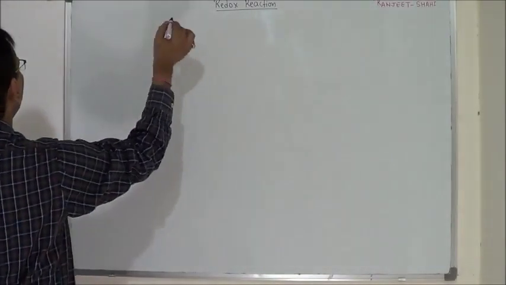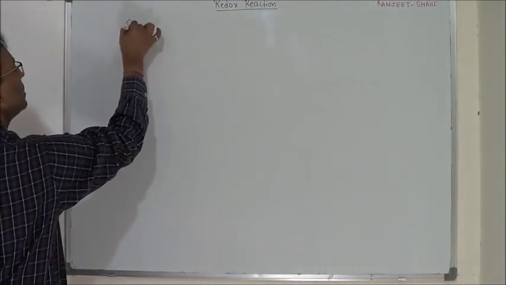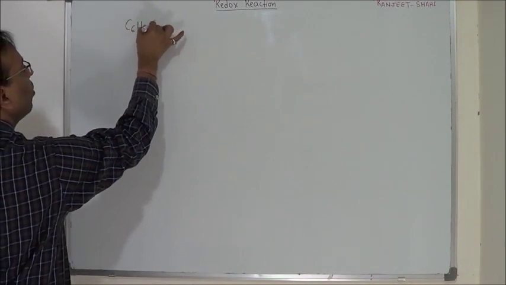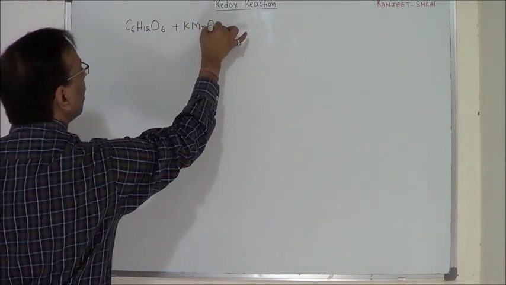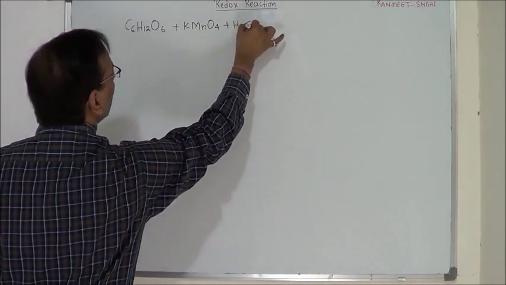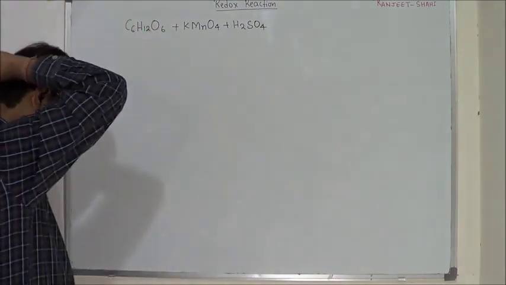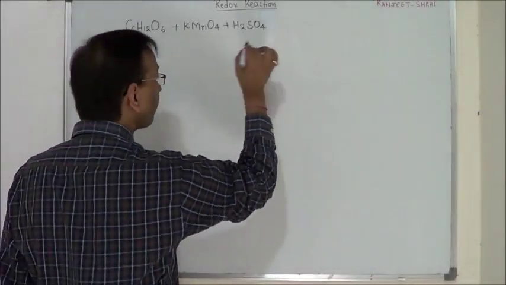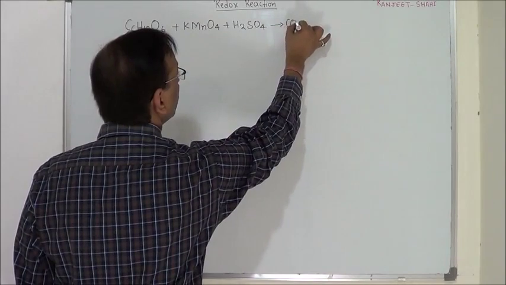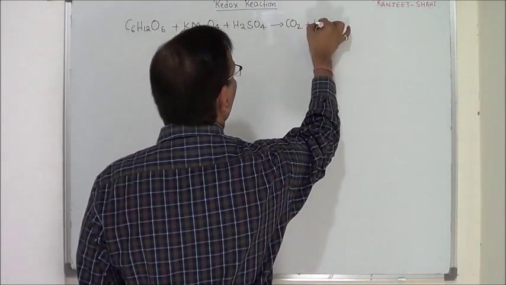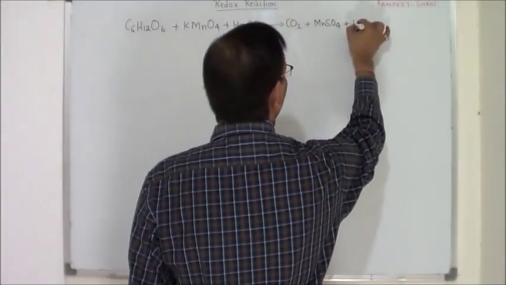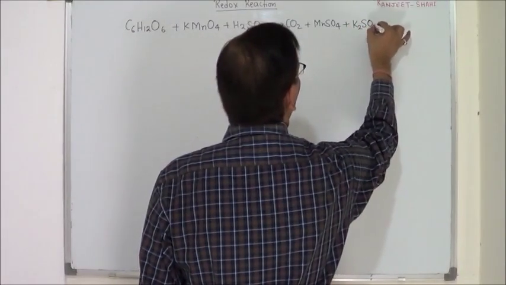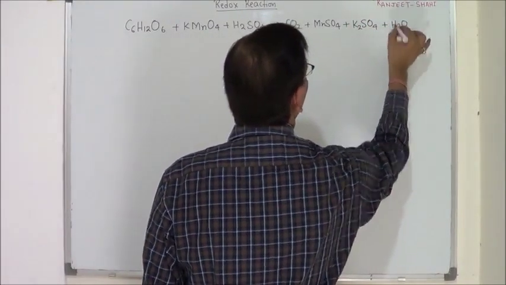Let us take balancing of glucose, C6H12O6, using KMnO4 in acidic medium, giving CO2 plus MnSO4 plus K2SO4 plus H2O.